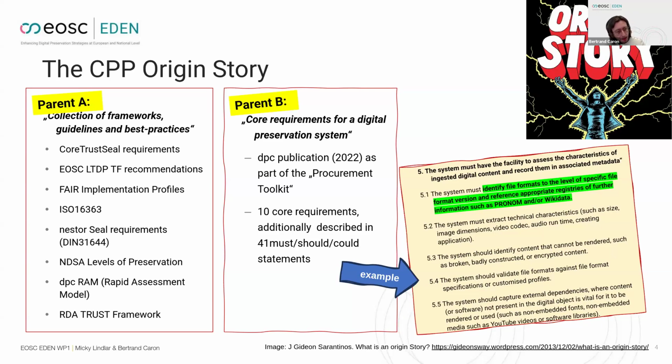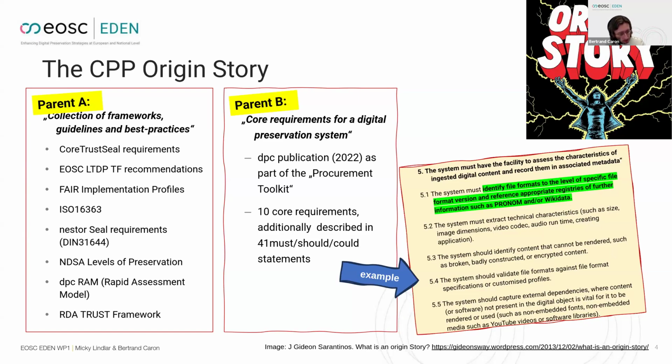But we enriched it by considering a certain number of frameworks, guidelines, and reference documents that we consider relevant for our tasks. Some of them are well known by the digital preservation community: the NDSA Levels of Preservation and the Digital Preservation Coalition RAM, a Rapid Assessment Model.